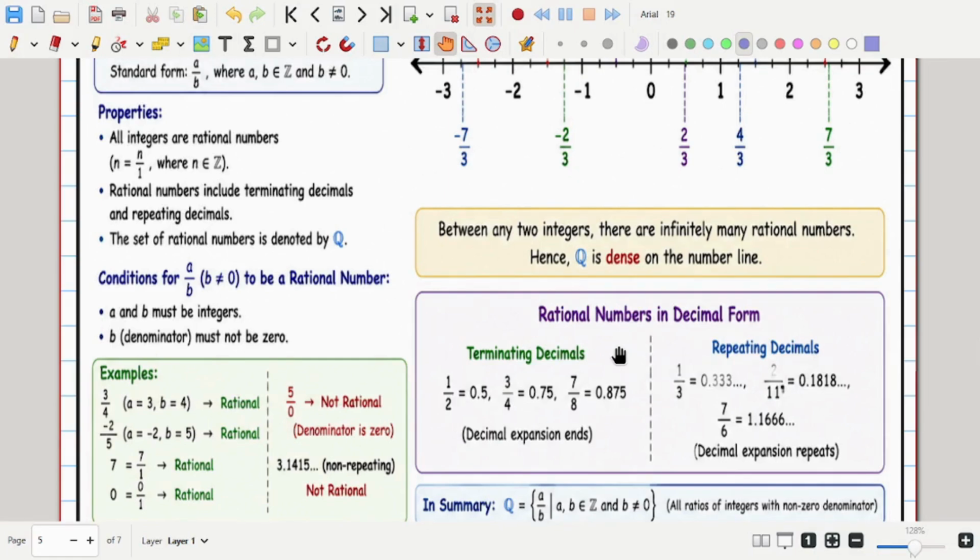But there are some numbers which do not repeat, like 3.1415, and this number goes on till infinity. They are called non-repeating decimals and they are considered not rational.